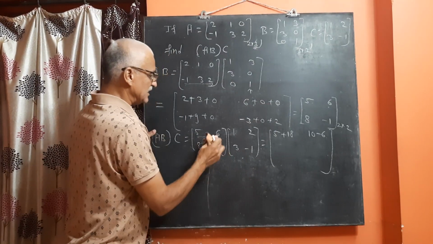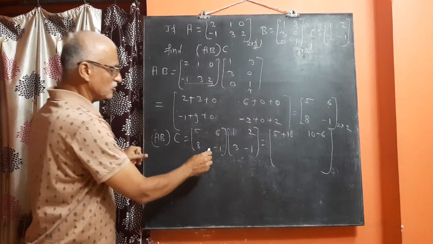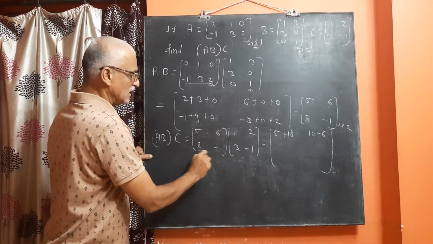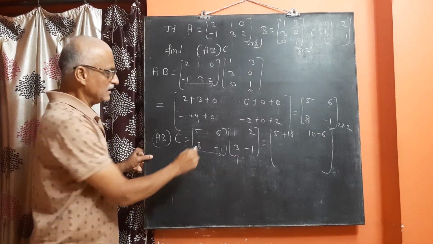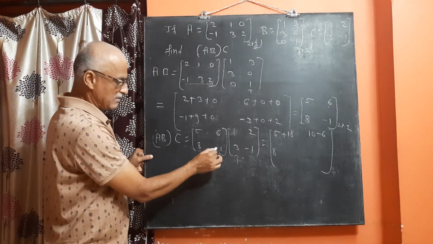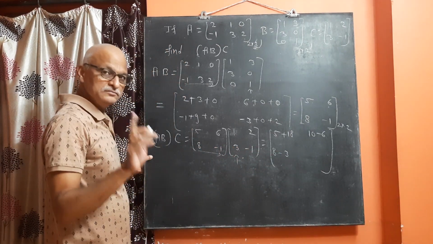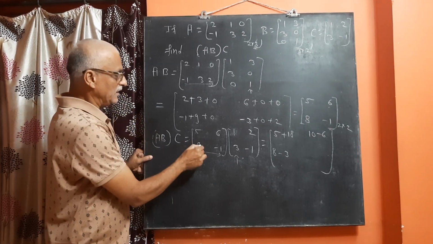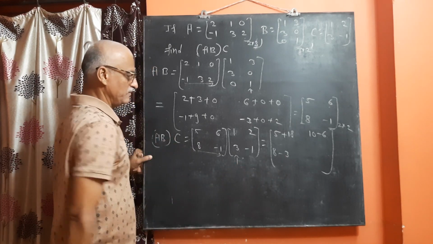Now second row, this row, into again the first column, that means this one. 8 into 1 that is 8, minus 1 into 3 that is minus 3. I repeat again, see here: 8 into 1 is 8, minus 1 into 3 that is minus 3.